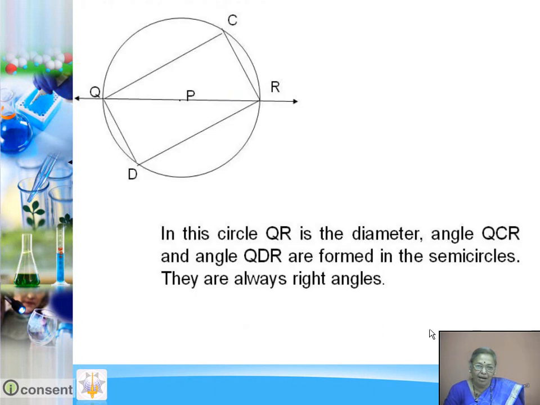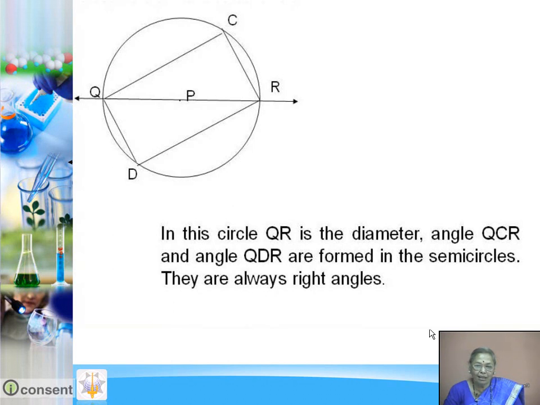A diameter forms a secant also. Then the secant divides the circle into 2 equal parts. These 2 equal parts are called semicircles.